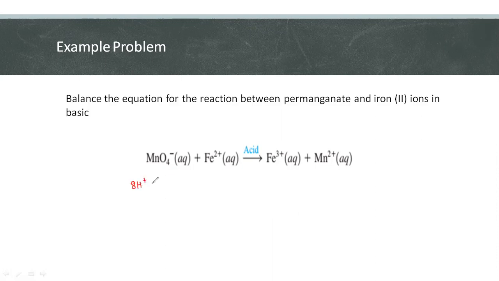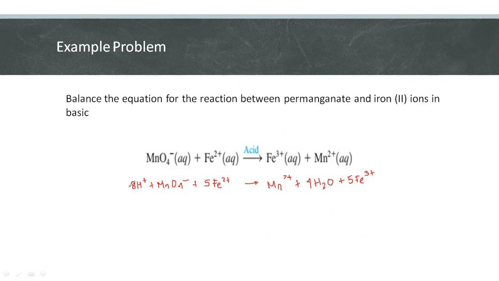8H plus, permanganate, plus 5 iron 2 plus, then arrow manganese 2 plus, plus 4 water, then plus 5 iron 3 plus.